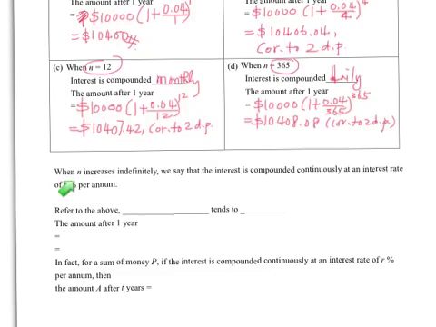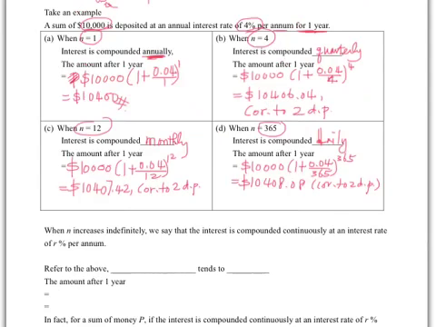Therefore, when n increases indefinitely, can we get much more interest? I don't think so. Now, let's look at this part. You notice that you are very familiar with it.